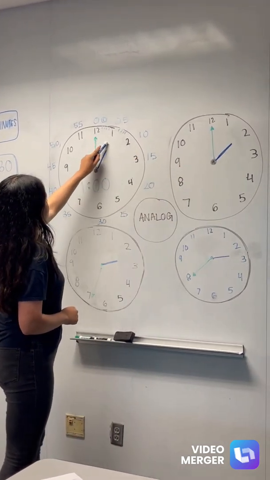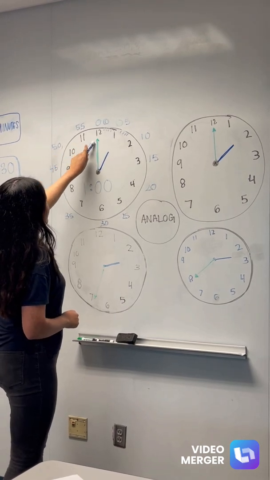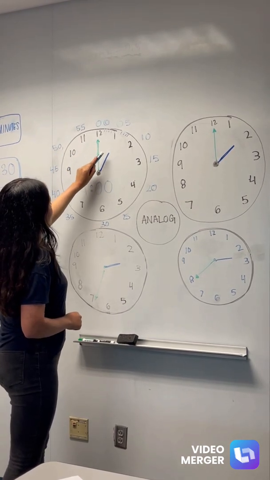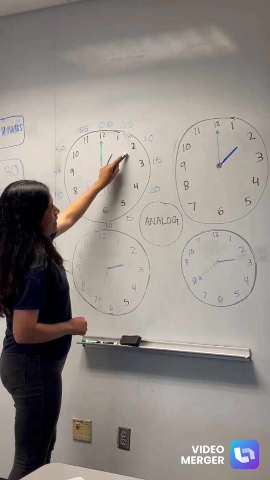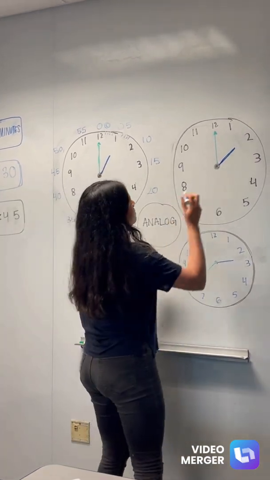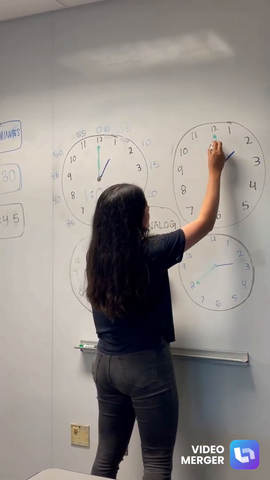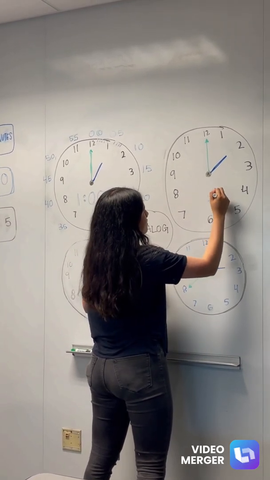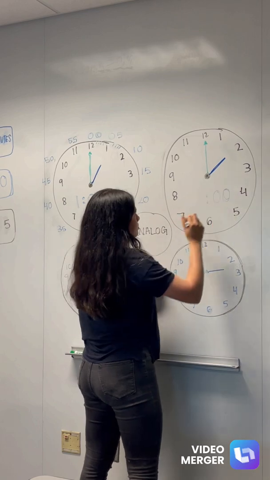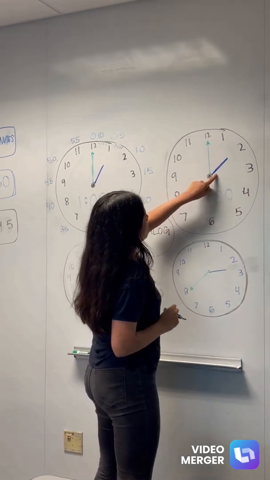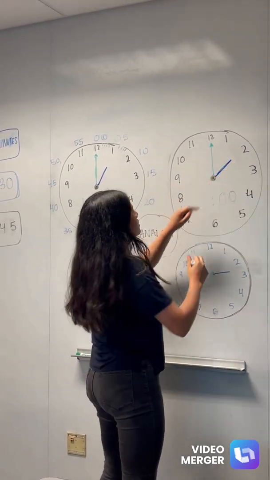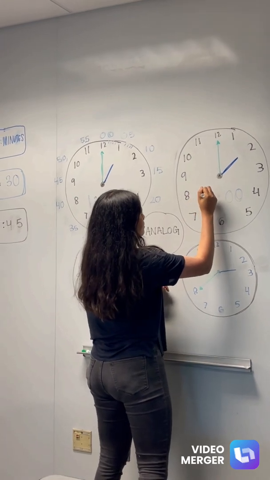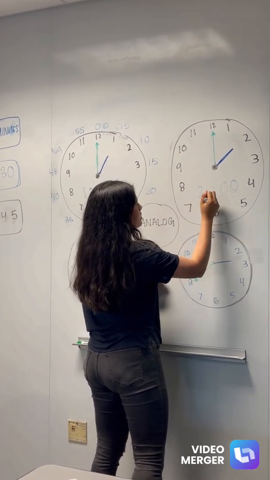So that means this minute hand went all the way around, and that hour hand went to the next number. So how many minutes have passed by in this hour? Correct, 0 minutes have passed by. And what is the hour hand pointing to? 2. So we're in hour 2. So it is 2 o'clock.